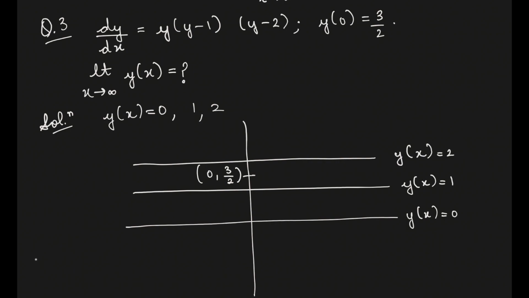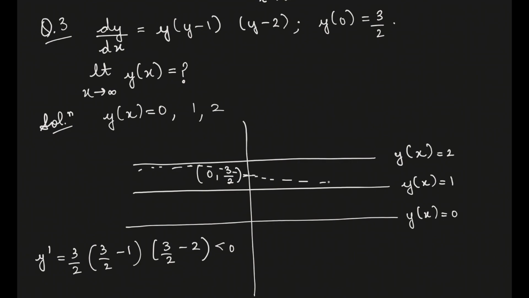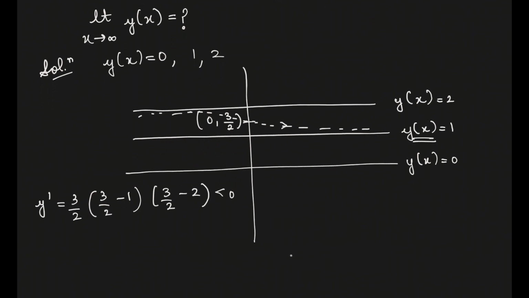Now I will check y dash at 3 by 2. It will be 3 by 2 times 3 by 2 minus 1 times 3 by 2 minus 2. It is clearly less than 0. So my directional field will be like this, decreasing. So it is approaching y(x) equal to 1, right? Yes, ma'am. So that's why limit x tends to infinity, y(x) is equal to 1.